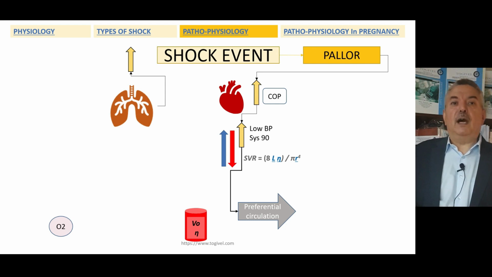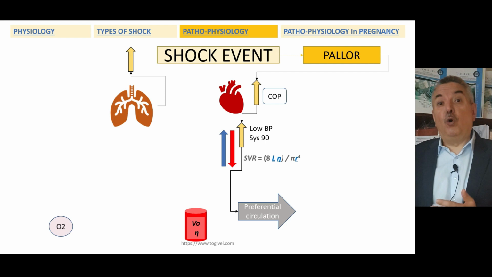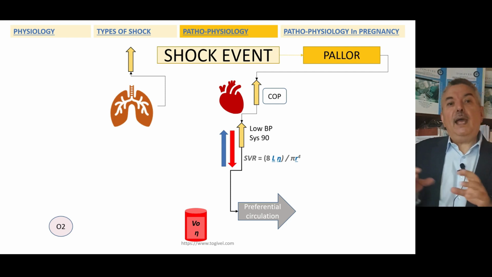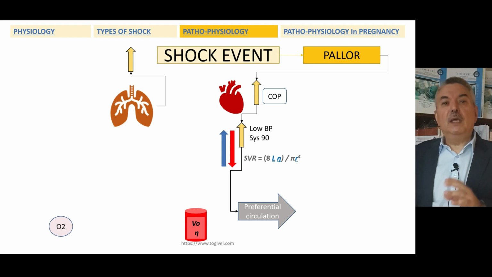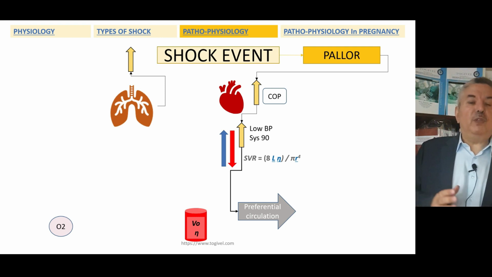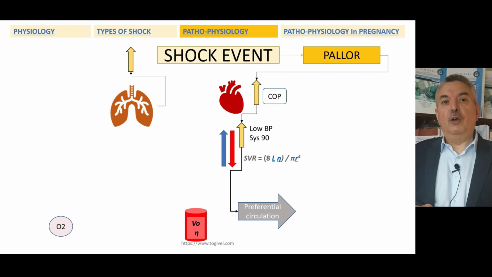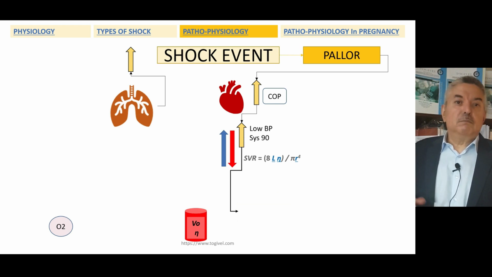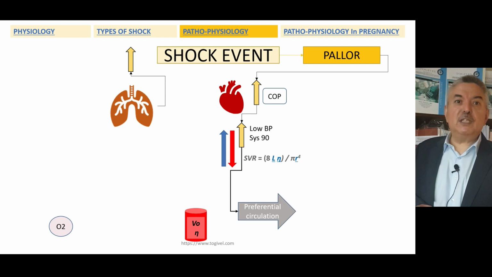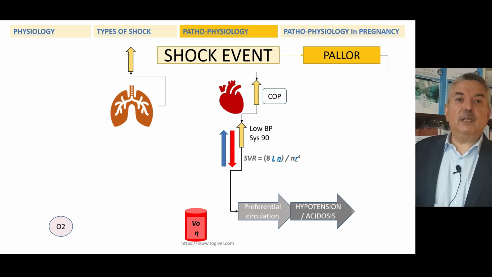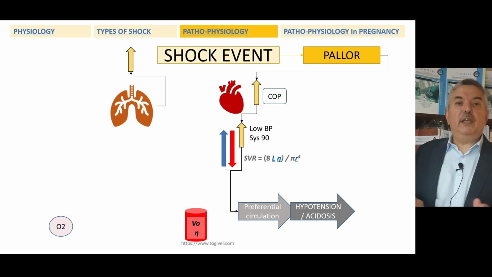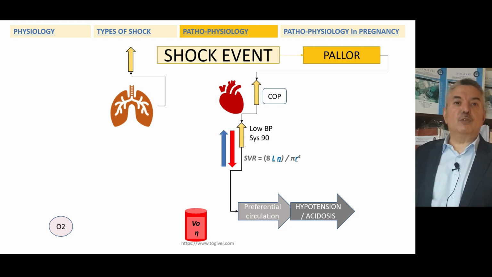So the skin is now pale and cold. It was pale only. Now it is pale and cold. Pale and cold means that the blood is shifted to the vital internal organs. And then if this fails, the blood pressure goes to be on the hypotensive side. It drops below 90 millimeters mercury.